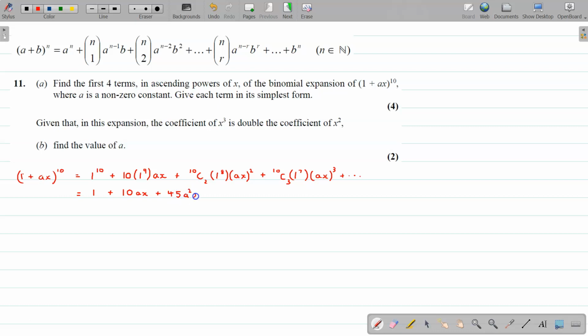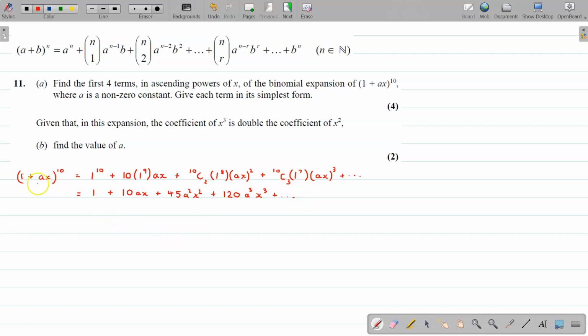I tend to write it like that without the brackets at this point. And the fourth term from the calculator comes to 120 ax all cubed. So it's 120 a cubed x cubed. Okay, so quite a straightforward process of just substituting and carefully using the calculator. Right, okay, so that answers the first question for 4 marks.